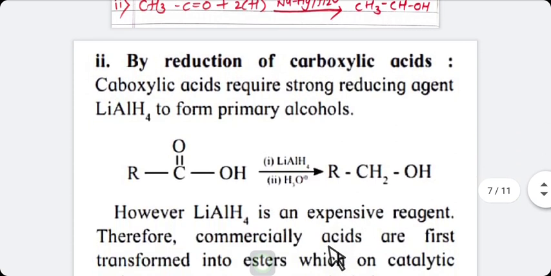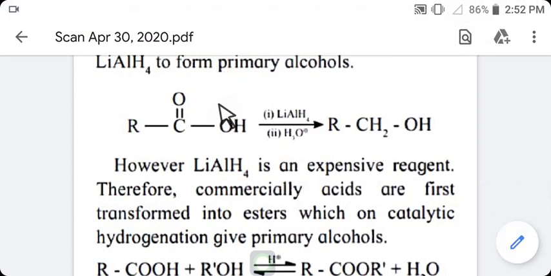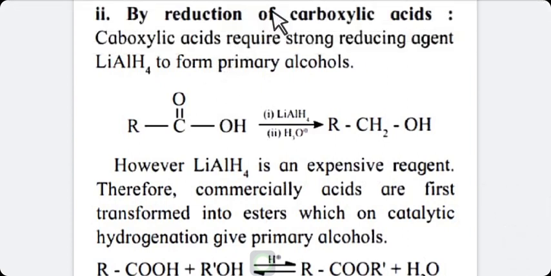Now the next method is again reduction, but the reduction of carboxylic acid. As you know, the general formula of carboxylic acid is RC=O-OH. For the preparation of alcohol, normally primary alcohol is formed here by reduction of carboxylic acid, and a strong reducing agent is required here, for example lithium aluminum hydride.